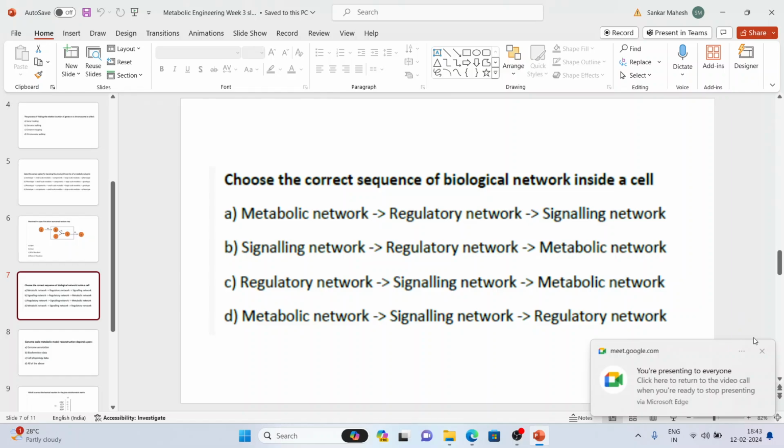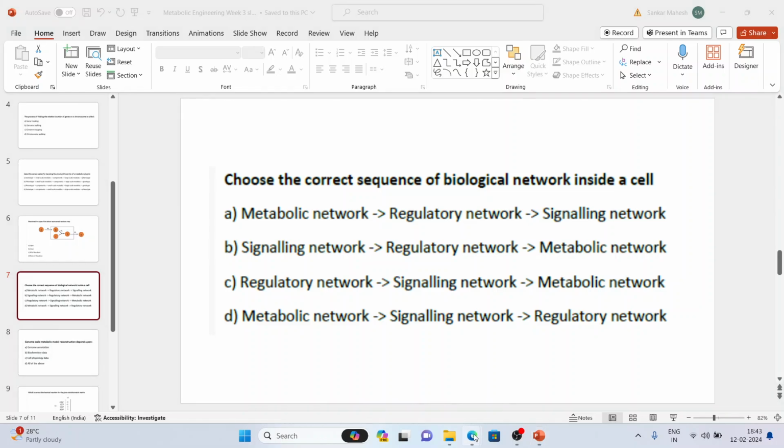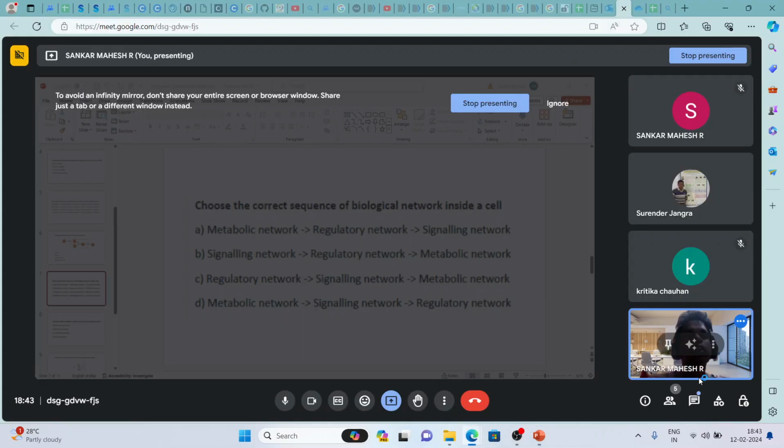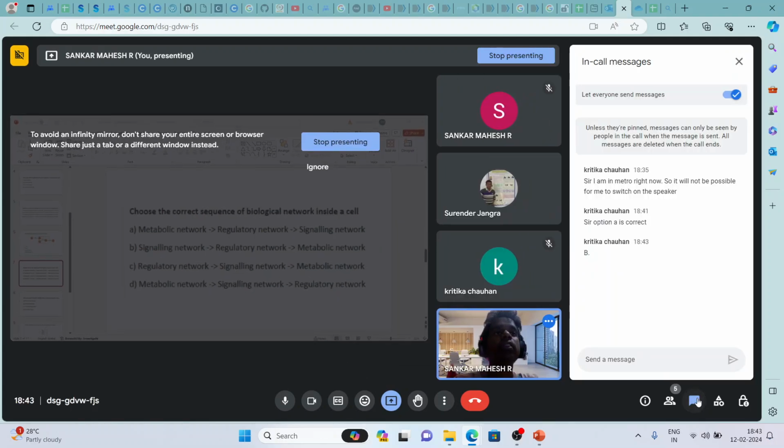Kritika says it's option B. We'll take 2 minutes and then we'll start discussing this. Kritika, is it possible for you to write and explain if you can't open your mic?